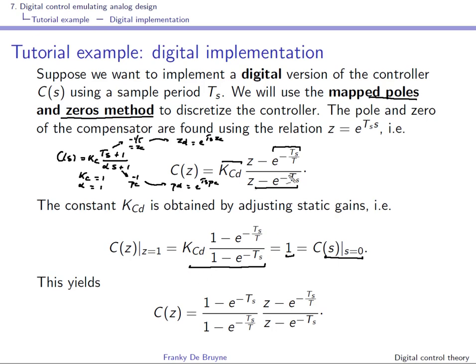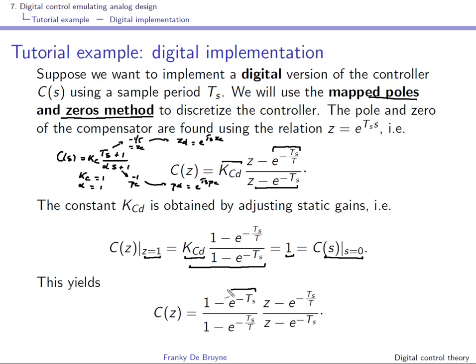And in order to have a static gain that is 1 over here, you need to compute the static gain of this controller, right? Here we have to replace z by 1. So the static gain is this expression, and in order to have a static gain of 1, you need to make sure that this gain here is the inverse of this one.